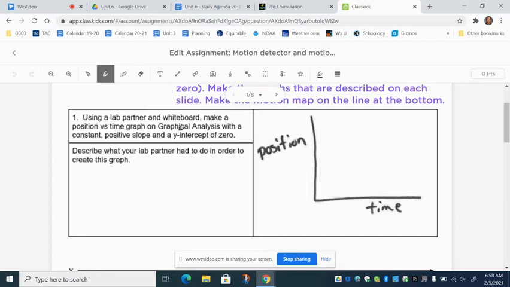Make a position time graph with a constant positive slope and a y-intercept of 0. So what does a y-intercept of 0 mean? It's going to start down here. It means it's going to start at 0, crossing the y-axis at 0. And then we want something that creates a constant positive slope, so something in that direction.